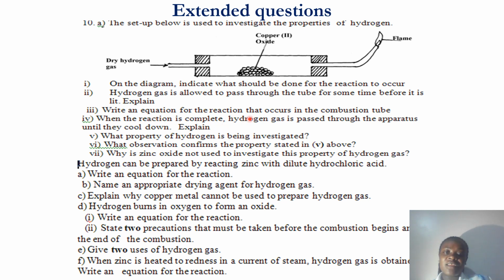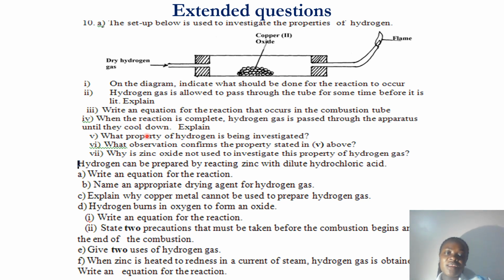Write an equation for the reaction that occurs in the combustion tube. So this is where the reaction will be taking place. There will be a reaction between copper 2 oxide and hydrogen gas. So those are the two reactants. Then the products will be copper metal and water, to show that copper 2 oxide will be reduced to copper metal, and hydrogen gas will be oxidized to water.